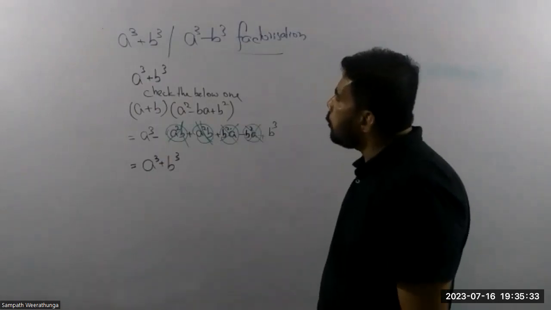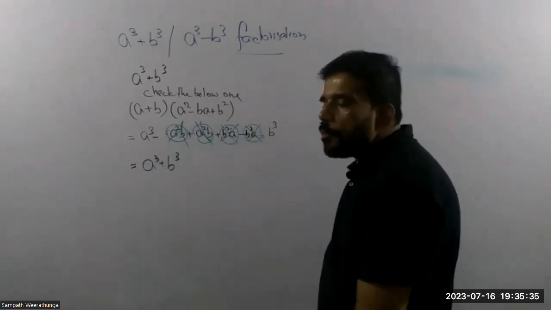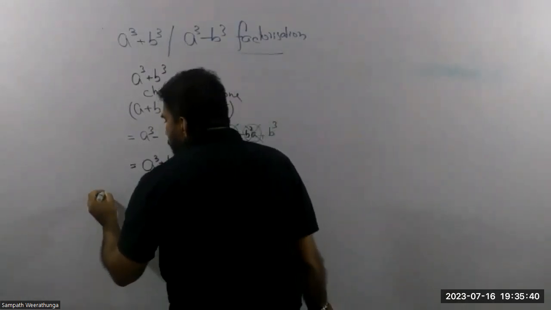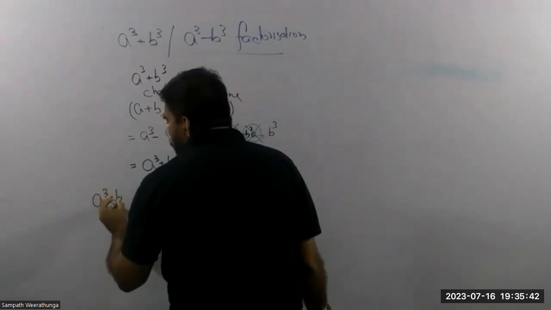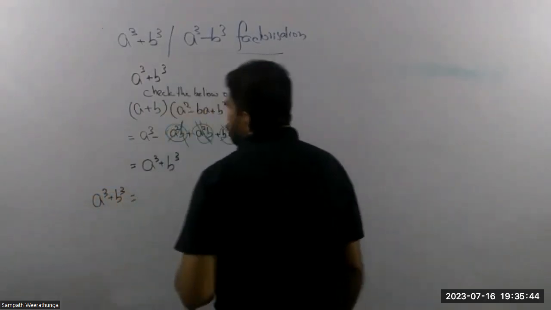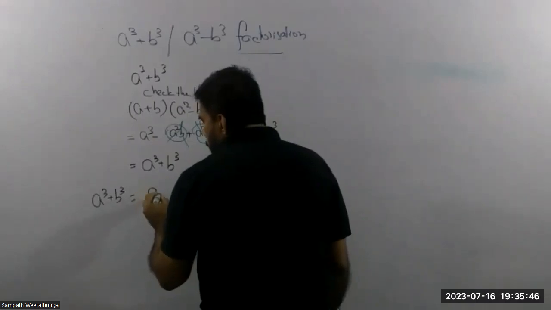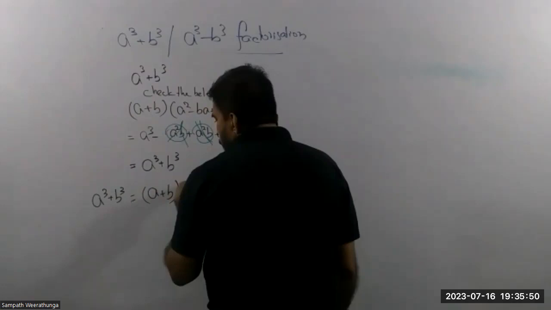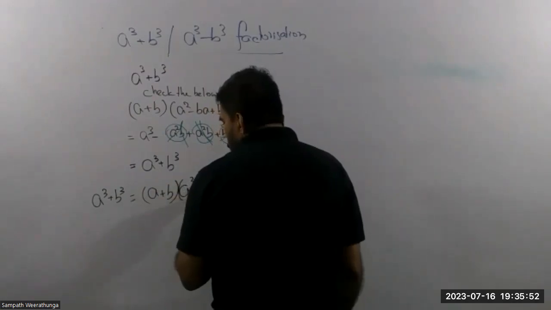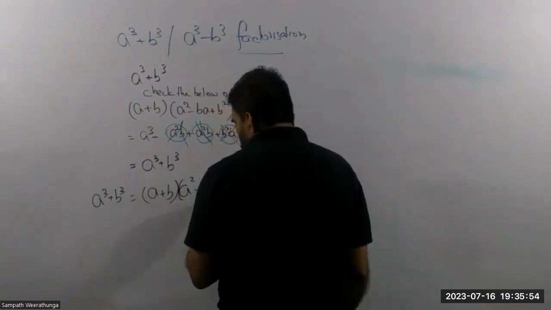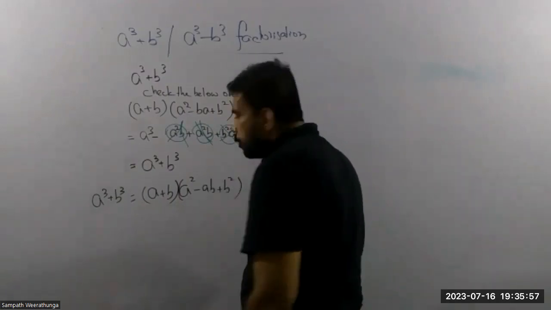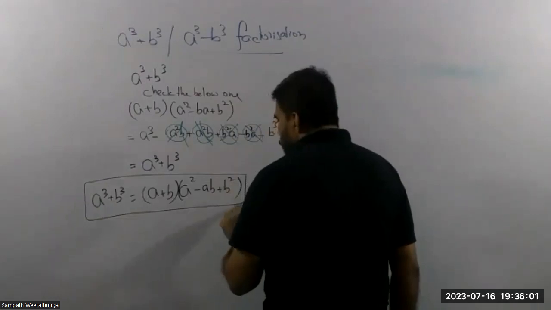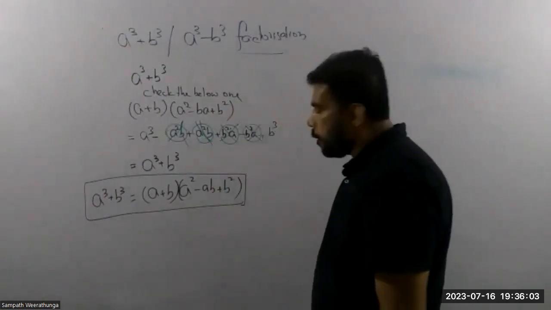And with what we learned here, we can summarize: A cube plus B cube can be factorized to A plus B times A squared minus AB plus B squared. See another nice relationship we derived here.